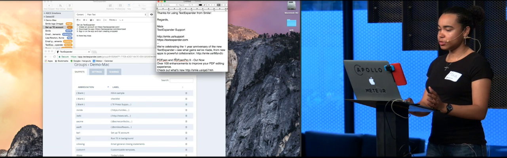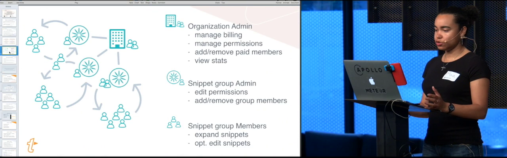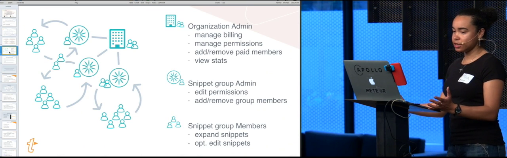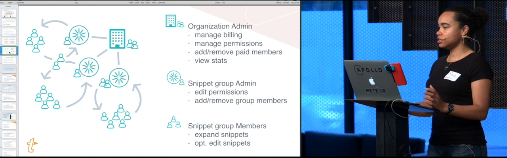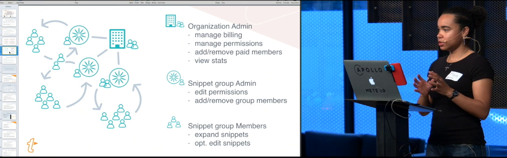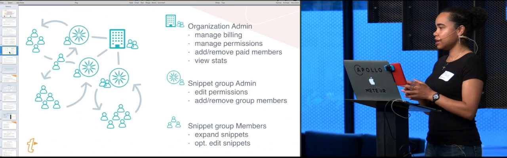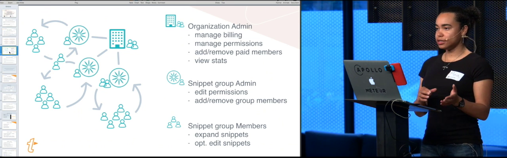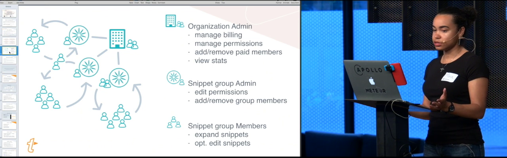This also allowed us to build an entire Teams tier. So if you create a TextExpander organization, that allows you to gather up all of your team members and all of your snippets together, so that way you can have a couple of people that you make admin who can group the snippets appropriately and then share them with the people who need them, and also choose who gets to edit and who is just read-only and gets to just benefit from using the snippets.